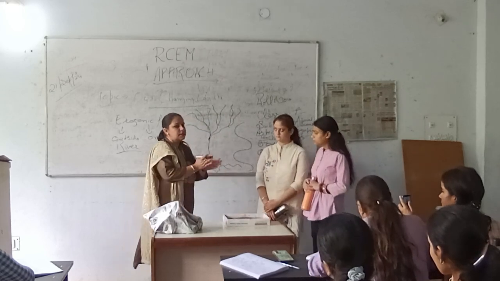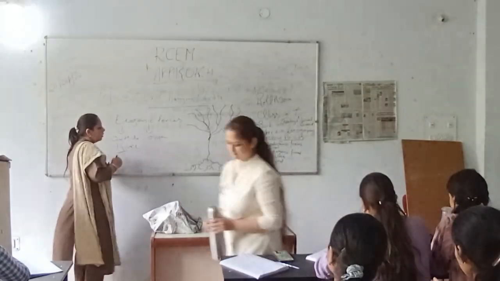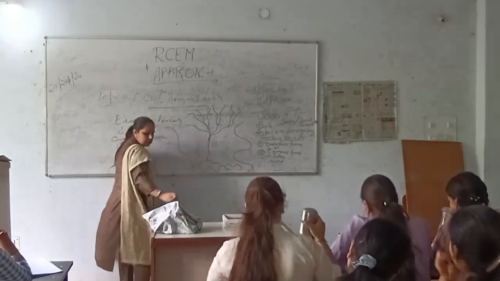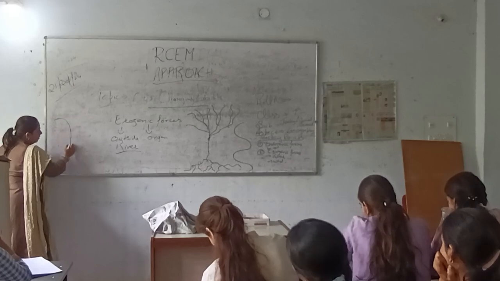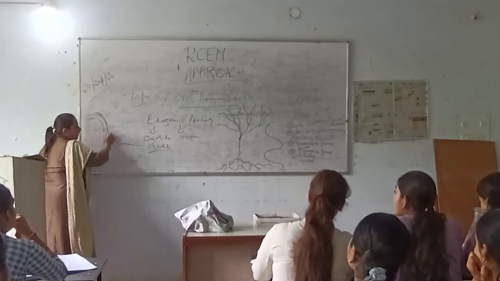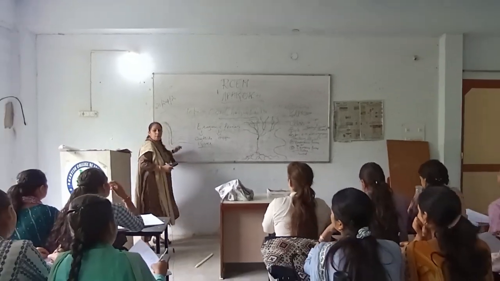So very good, sit down, clap for them. So here is a pot-like structure, a pot-like structure made by the river when it flows from the top to the bottom side.